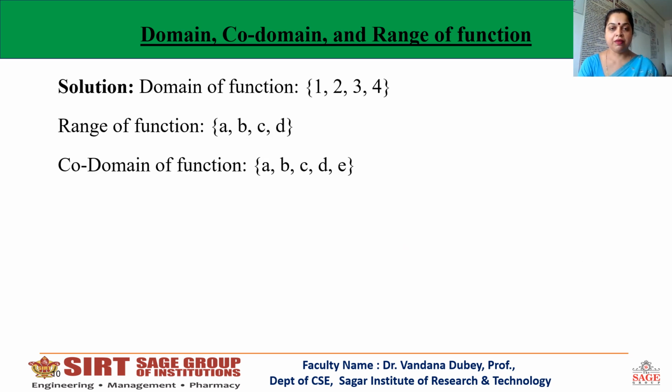Domain of the function is the whole set X, that is 1, 2, 3 and 4. Range of the function is only those elements of set Y which have mapping with the elements of set X. So these are a, b, c and d. And the codomain of the function is the whole set Y, that is a, b, c, d and e.